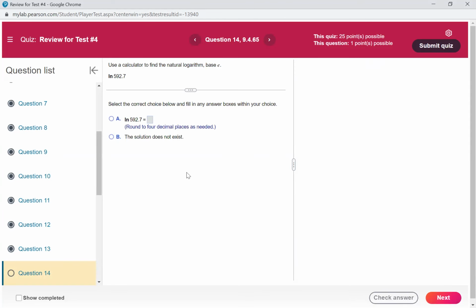All right, y'all. So now this one, ln of 592.7. They want me to use a calculator and round this to 4 decimal places, okay? So let's go to our calculator.